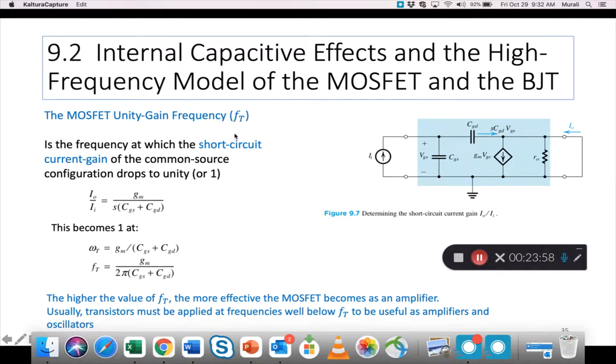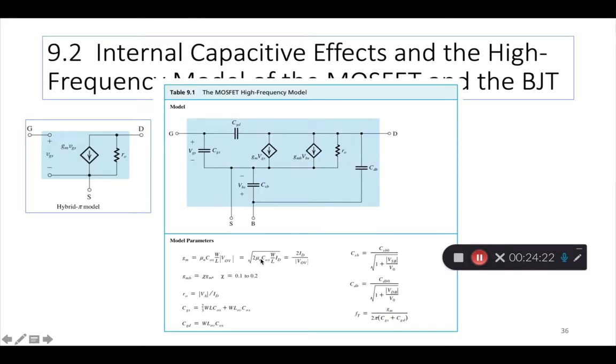And this is true. All these ideas that we are studying are generally true both for MOSFETs and BJTs. I'm just telling you, in case I don't have too much time for BJT analysis, almost everything we are studying in the same form we apply to BJT also. Okay, so we defined the unity gain frequency Ft. Let's move on to the next slide.